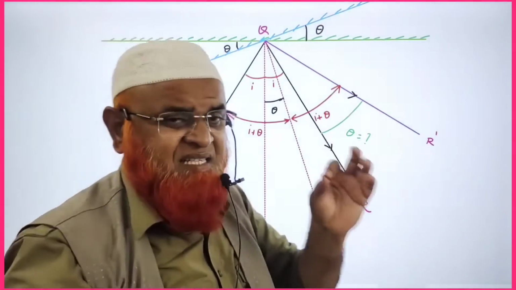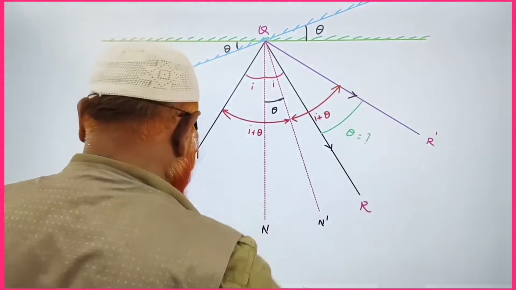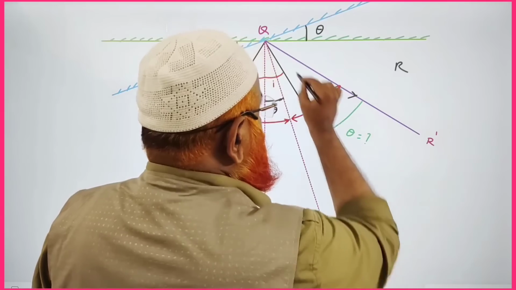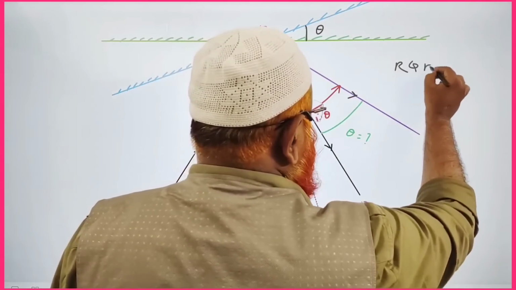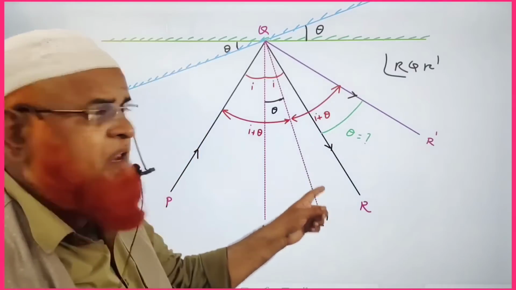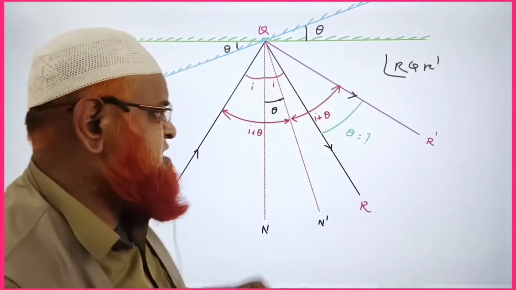And he is asking us to find out what is R Q R dash. He is asking us to find out this angle. So how are you going to find out this angle R Q R dash? Very simple.